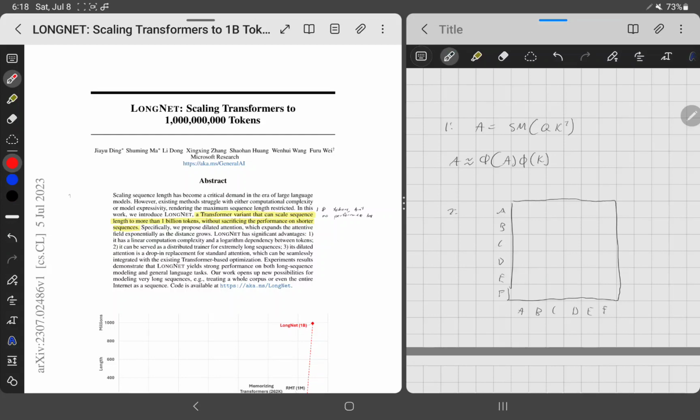But if I were to only attend to the nearest three tokens, then this is what the matrix would look like instead of being the full rank matrix. It would look something like this. So now we only utilize part of the matrix, and this is more of a linear complexity.